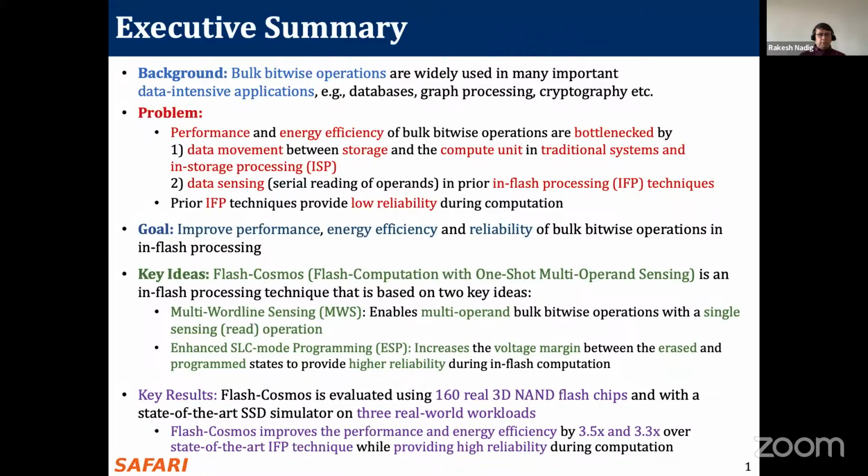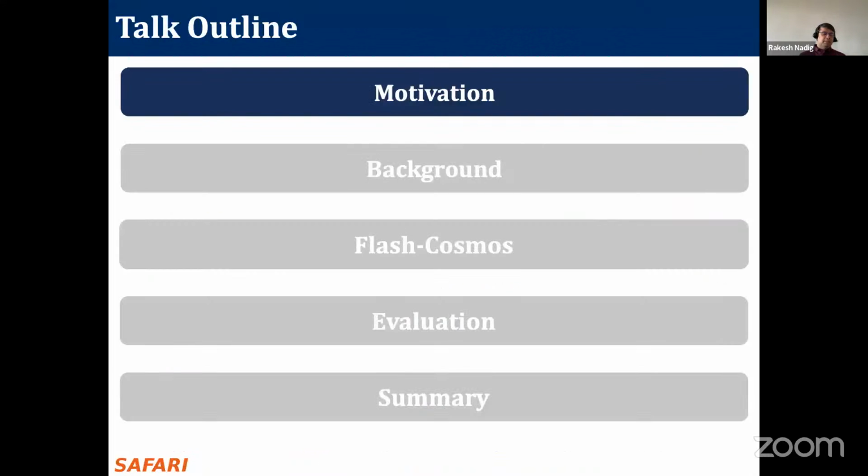Let's quickly see what the agenda is for today's talk. We first go over the motivation. I briefly explained why we need Flash Cosmos, and we'll provide some information on the motivation for our work.